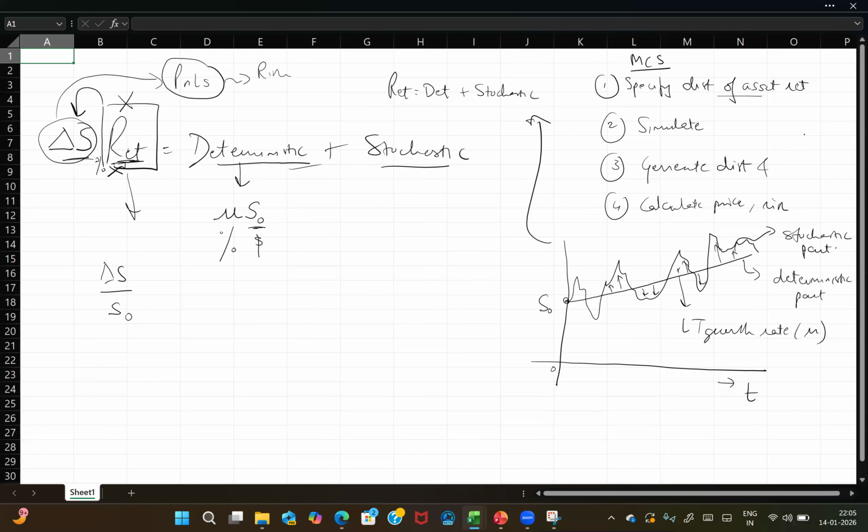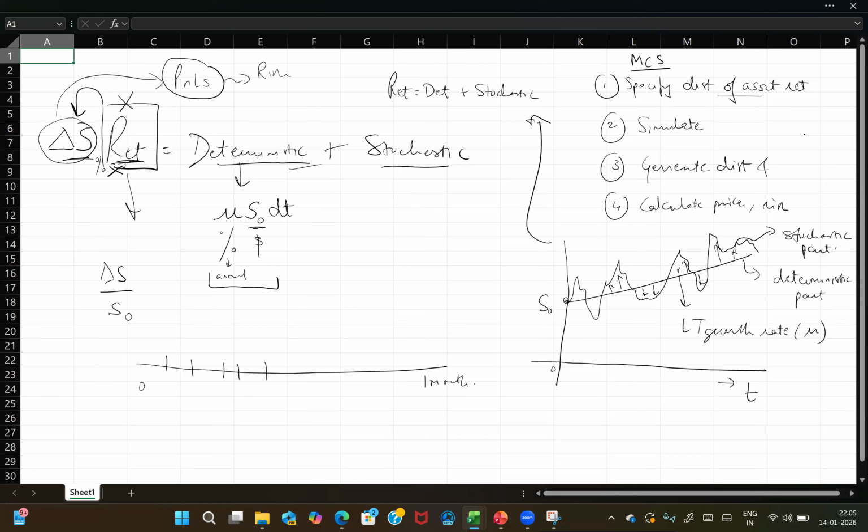So the deterministic portion is mu into S0, but please note mu is over 1 year, annualized. S0 is the current stock price. So this will give me the annual change deterministically. I have to multiply that by a small change in time period. Suppose I'm looking at valuing a 1 month stock option.